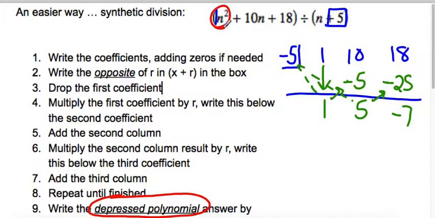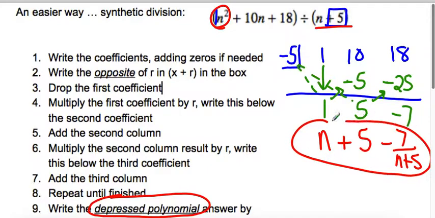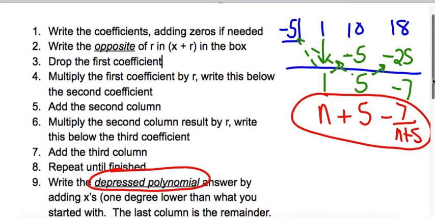So we have, this is the coefficient, so 1n plus 5. And this last thing is the remainder, so -7 over whatever we divided by. Okay, so this is our answer to that division problem, and it's what we call synthetic division. So hopefully you can see it's faster than long division. Let's do another one.